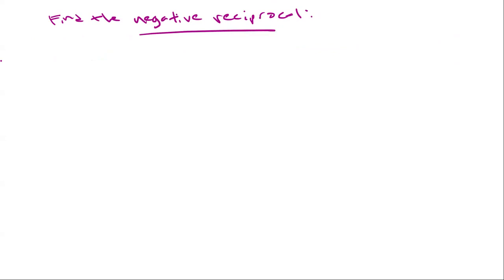So for example, if I had negative 4, what's going to be the negative reciprocal of that? How about if I said, let's just do, say, 5. What's going to be the negative reciprocal of 5? Not negative 5, negative 1/5, right?